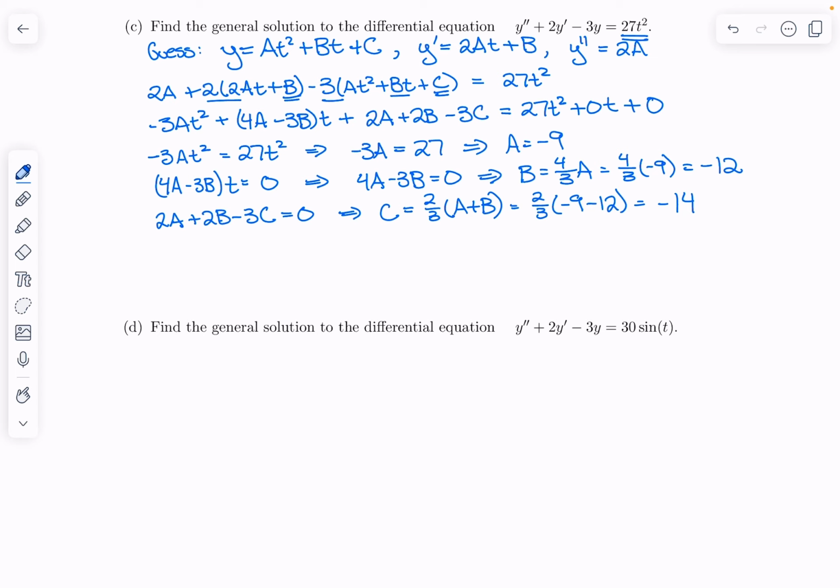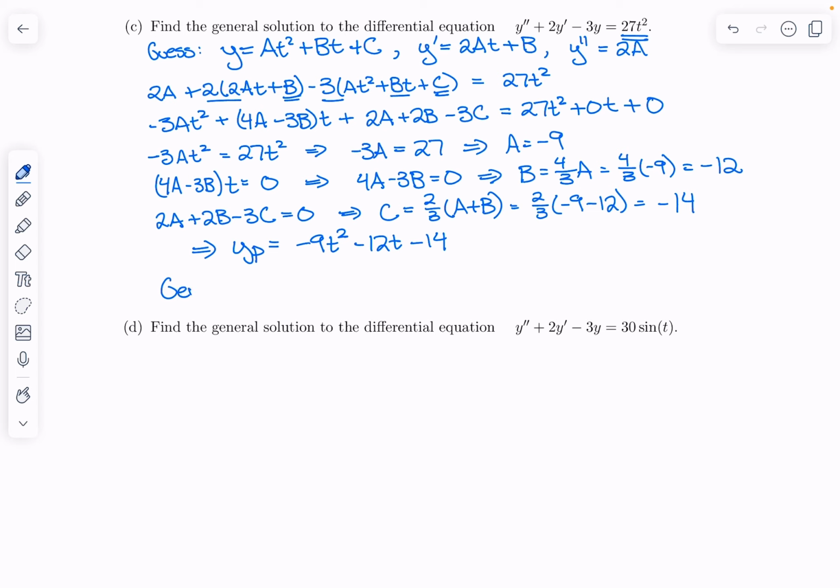So my particular solution, now that's all said and done, is going to be -9t squared, because a, the coefficient of t squared, is -9, and then -12t, and then -14.